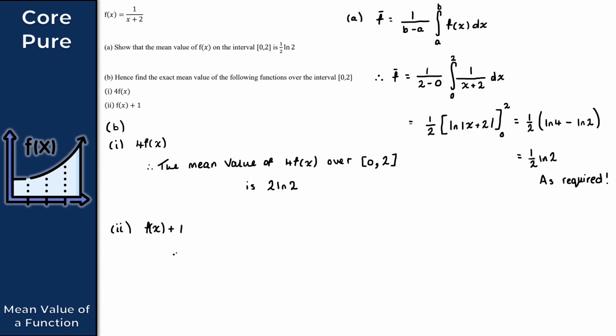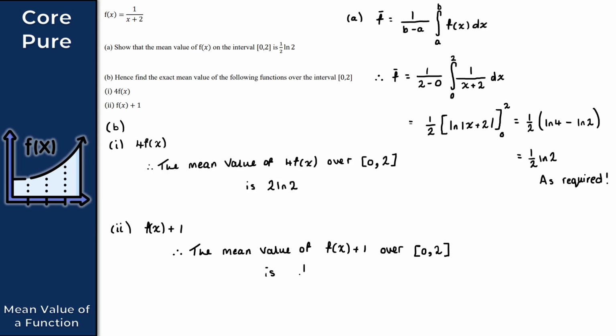Okay, so for f of x plus 1, in that case then, the mean value, so we have f of x plus 1 again over the same interval from 0 to 2 is given as, so like we already mentioned, then we just simply add 1 to this mean value here.